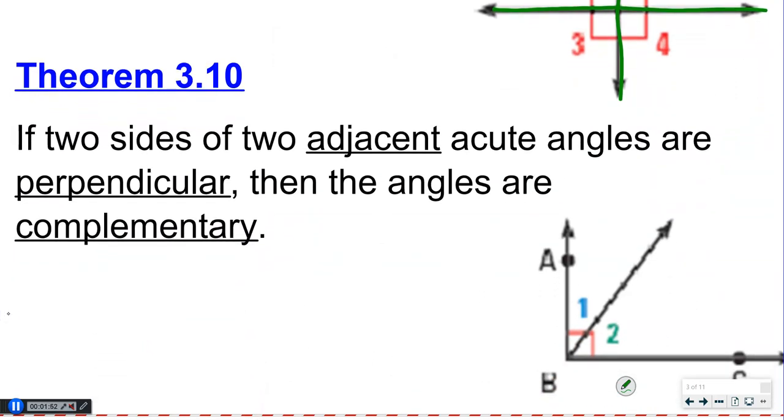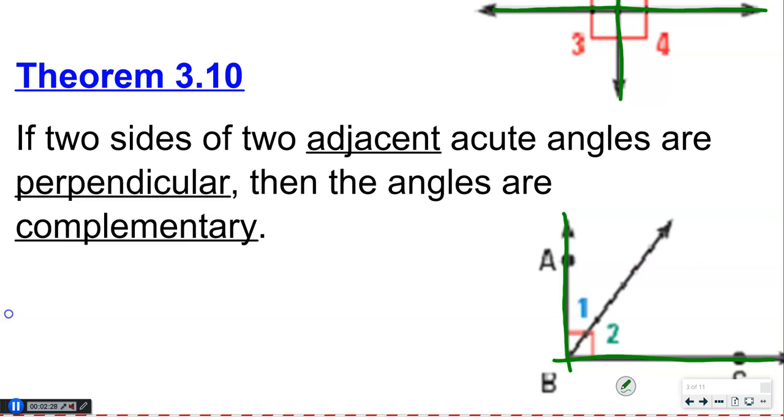Theorem 3.10 states if two sides of two adjacent acute angles are perpendicular, then the angles are complementary. So we're saying that the two sides are perpendicular. We're talking about AB being the side of angle 1 and BC being the side of angle 2, and we see 1 and 2 are adjacent.